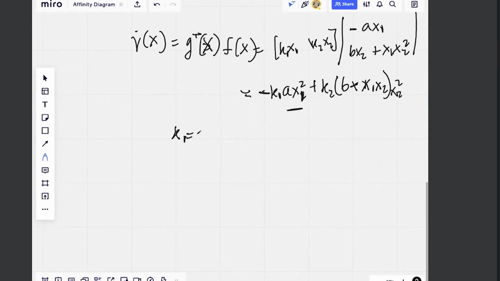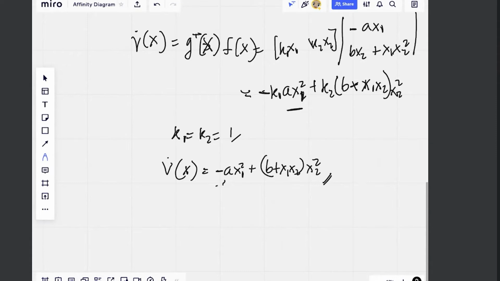In the simplest case, k1 and k2 are both equal to 1. So on doing this, V̇(x) would boil down to −a x1² plus (−b + x1 x2) times x2². Now what we can say about V̇(x) depends completely on a and b.